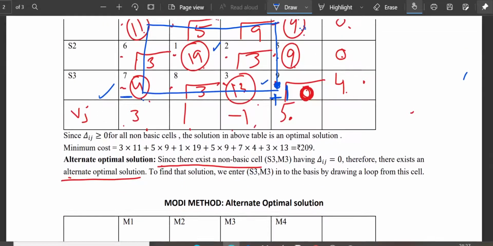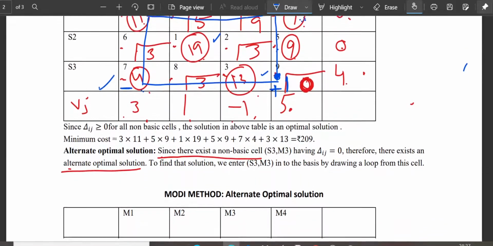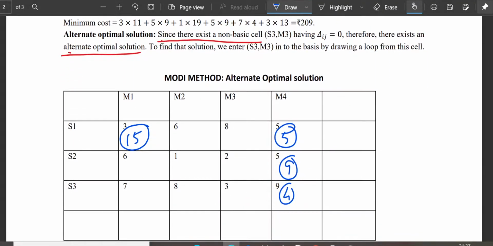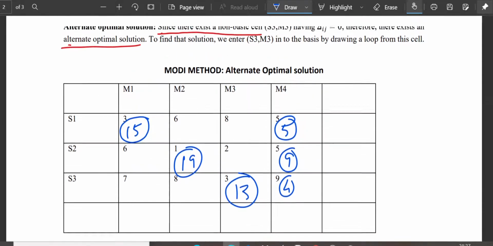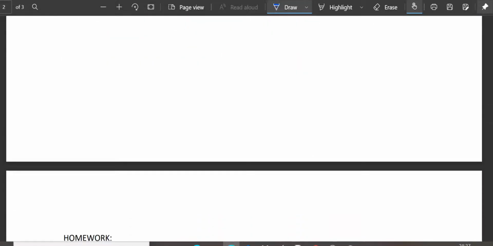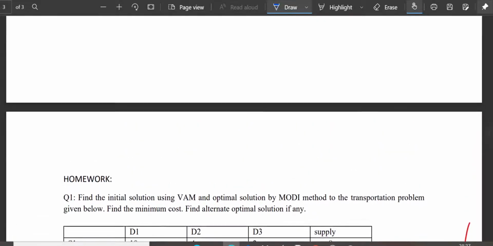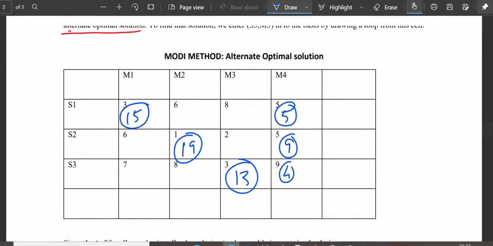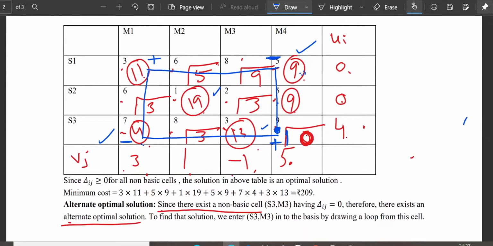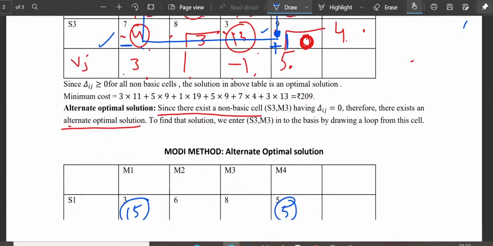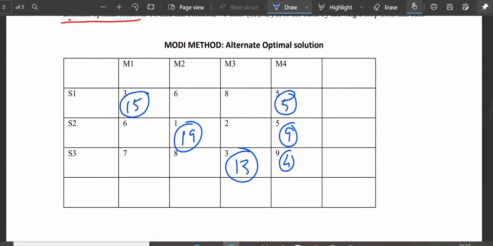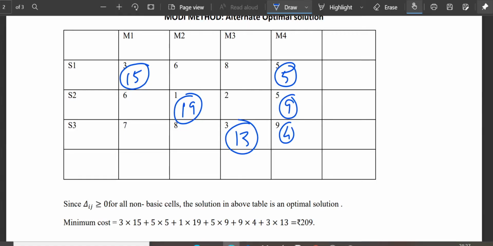Now next is 19 and 13. Okay, so this 19 will remain as it is, this 13 will remain as it is. You can count the number of cells, it will remain same. Here the number of cells is 1, 2, 3, 4, 5, 6. Here also 1, 2, 3, 4, 5, 6. So 6 cells are again there.